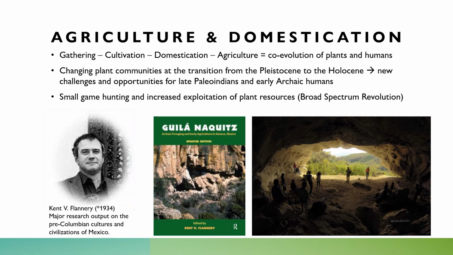Investigation of ancient seasonal encampments and settlements and the recovery of associated plant and animal remains have allowed the reconstruction of subsistence changes in the highland valleys of Oaxaca and Tehuacan.